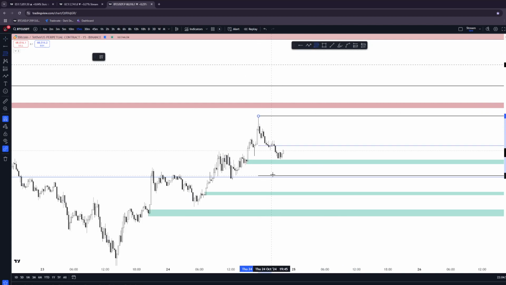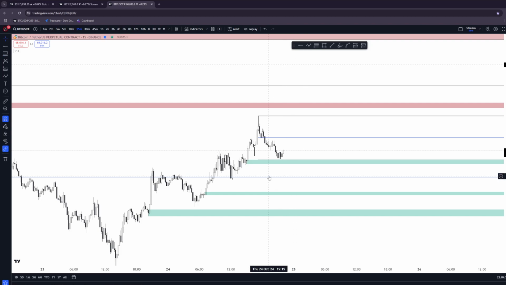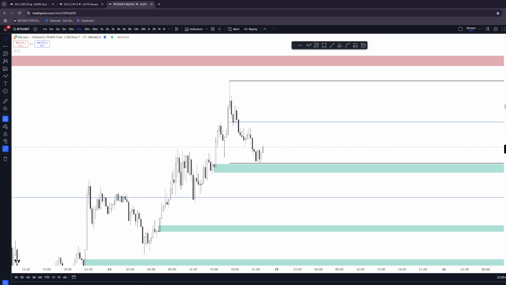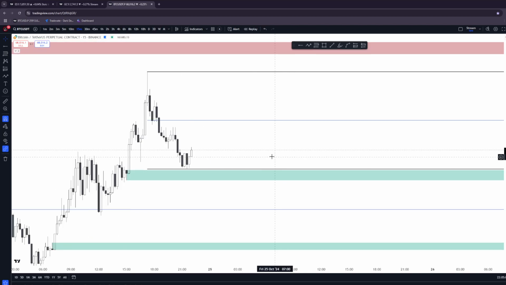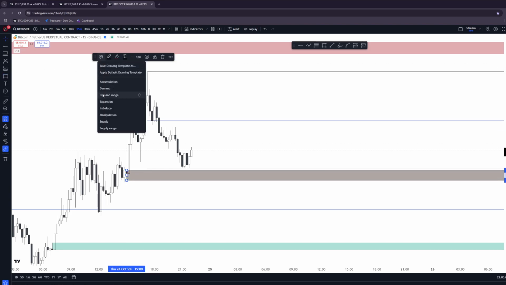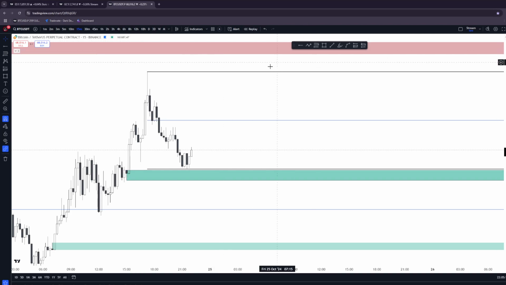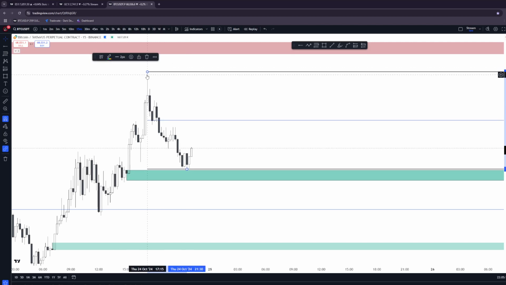Got a range right here, guys. And look, this probably could happen soon right here, but we got a range here. We got demand right here, guys. The only thing I don't like about this is price. We came from the high to the low. Price technically didn't hit that 50% mark. So technically, this is not a confirmed range.